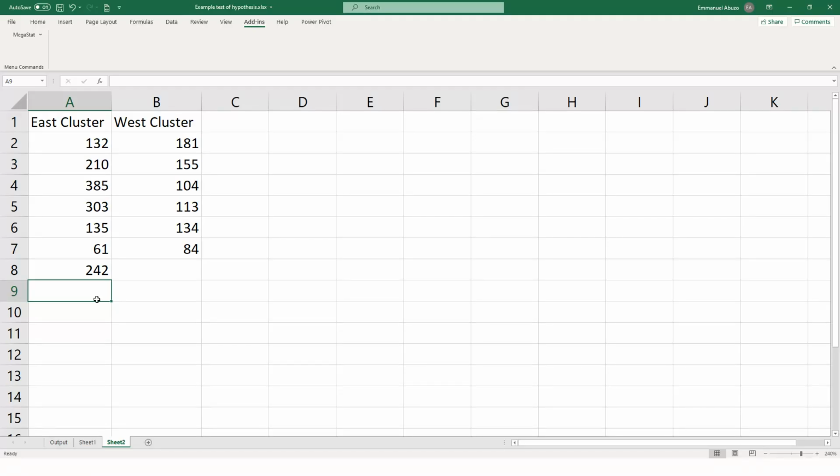So this is the Excel format of the data in the problem. Let's first determine the variance of the East cluster. Take note, it's clearly stated in the problem that there is a sample from the East cluster and a sample of the West cluster. Since it's a sample, we are going to use the variance of the sample.